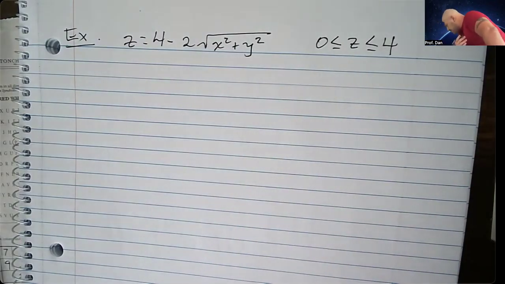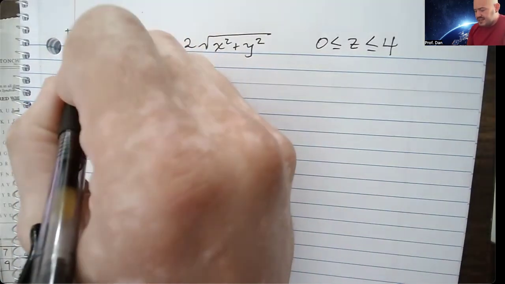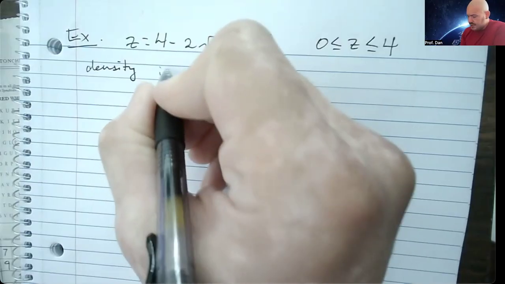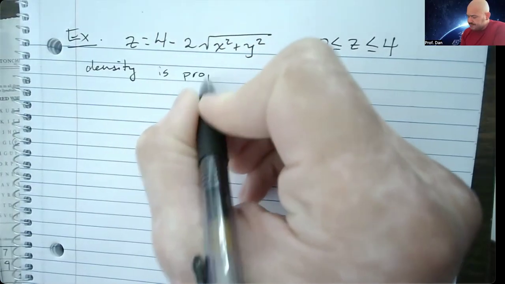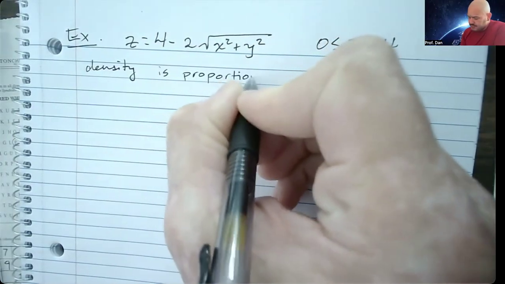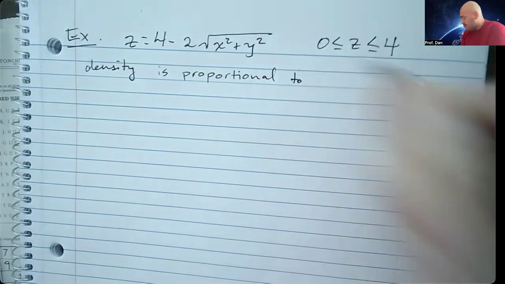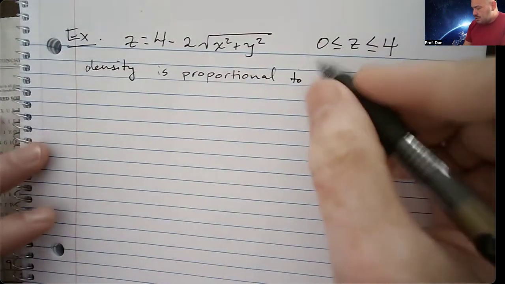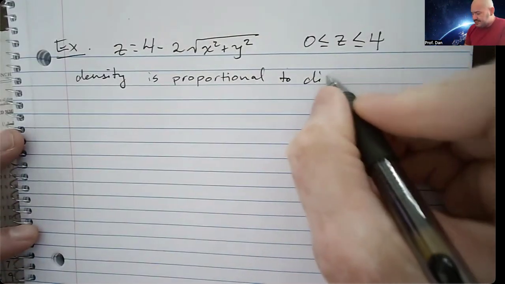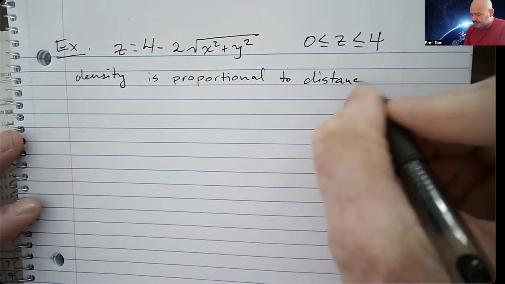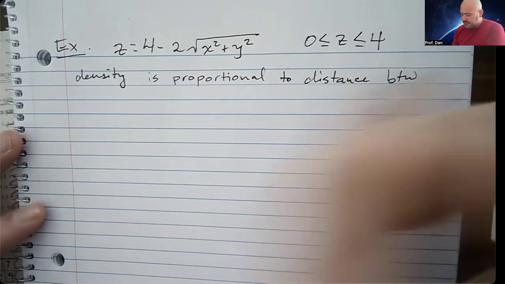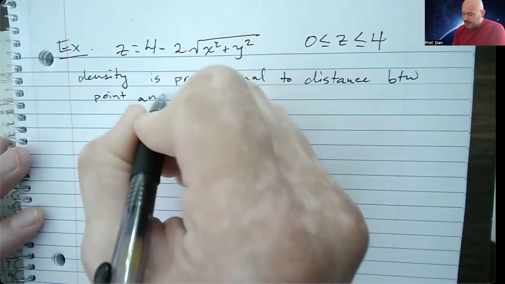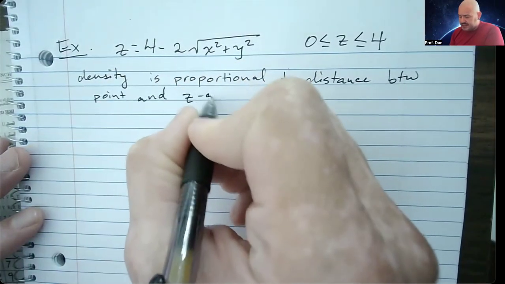We are given that the density is proportional to the distance between a point and the z-axis.